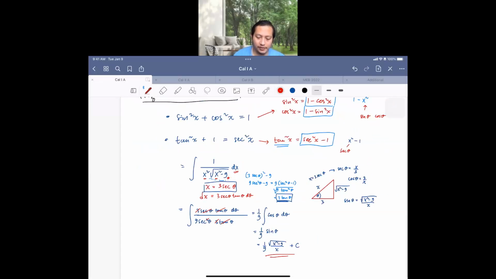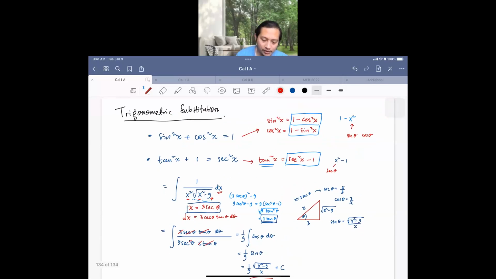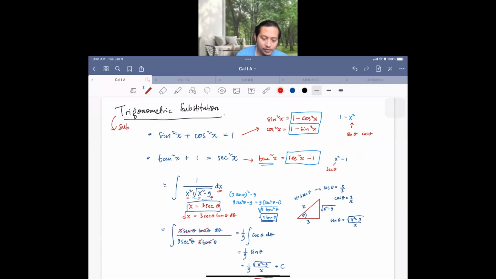So the idea of the trigonometric substitutions is to substitute the variables with trigonometric functions.